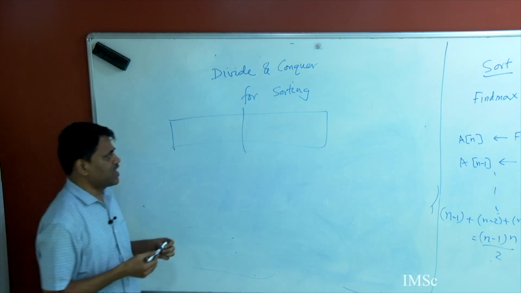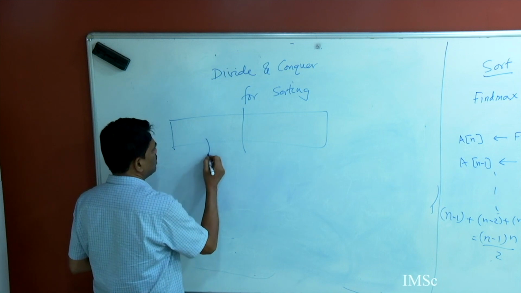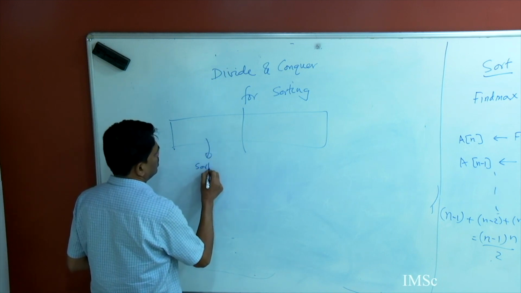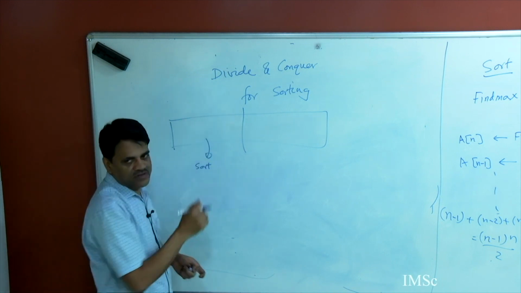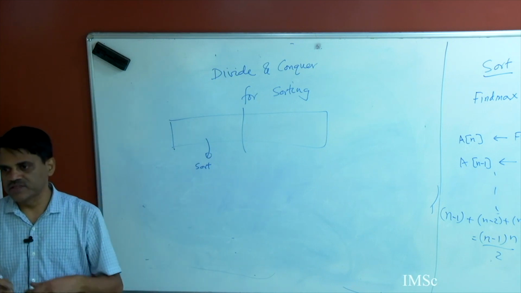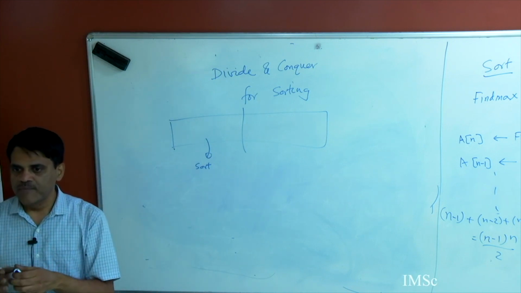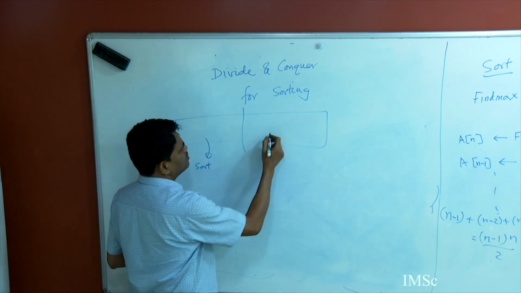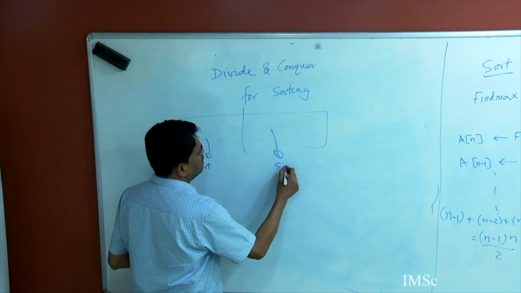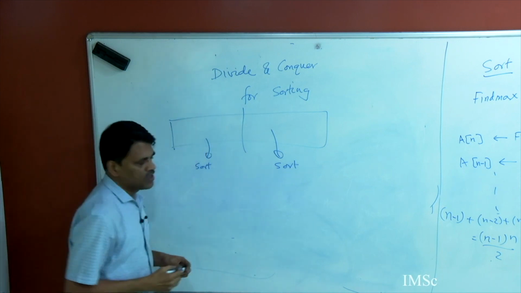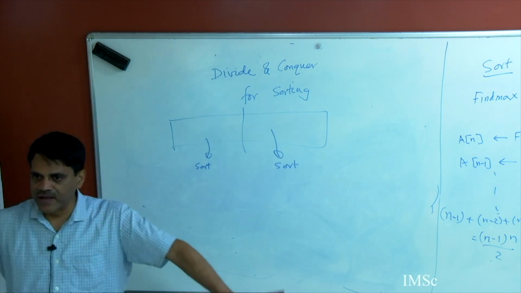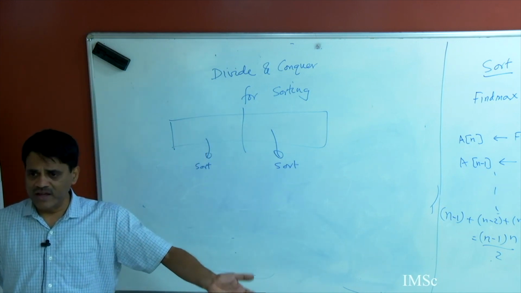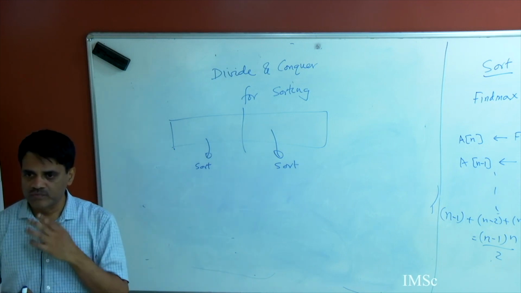So suppose, let's say I sort this recursively. Okay, I think some of you suggested this for finding max, but let's say I want to sort, and I've done this portion recursively. I've done this portion recursively, separately. Am I done, or what is the work left to do?